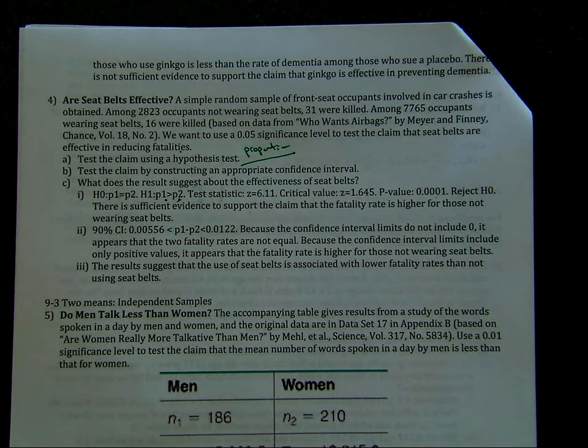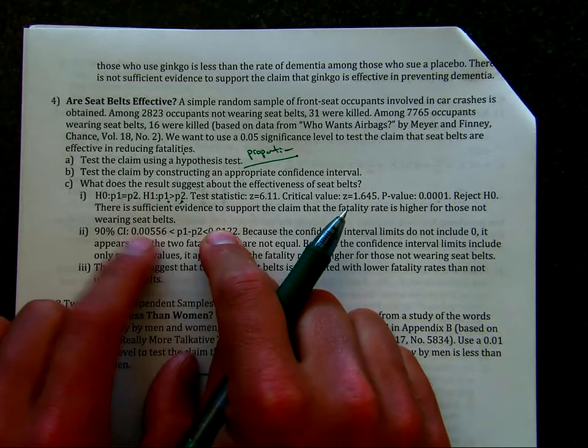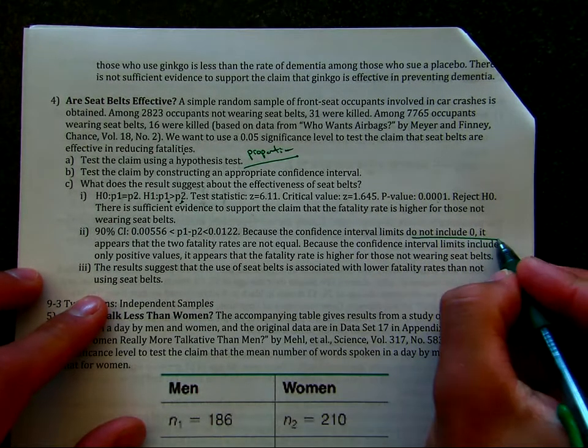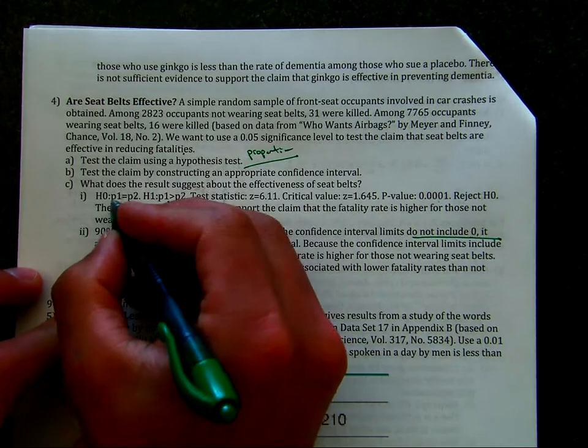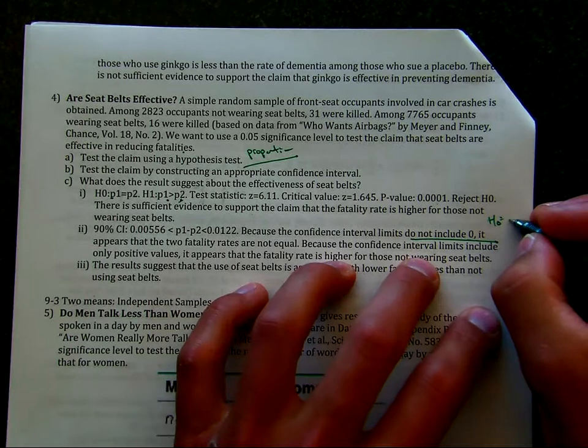Now, if you want to construct a confidence interval, just like we did on the previous problem, you would do 2 proportion z interval, and you'd construct it. Now, here's where it's important to understand this. In this case, you're wondering, why does 0 matter? Does not include 0. Well, we have this null hypothesis that P1 is equal to P2.